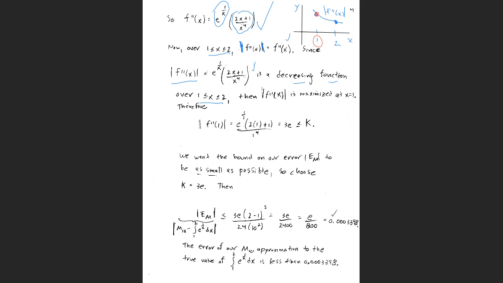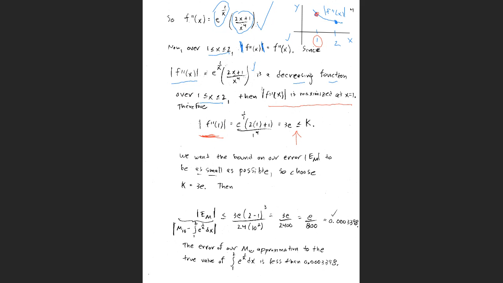So this means that since the second derivative is maximized at x equals 1, the k value would have to be greater than or equal to the absolute value of the second derivative at x equals 1.